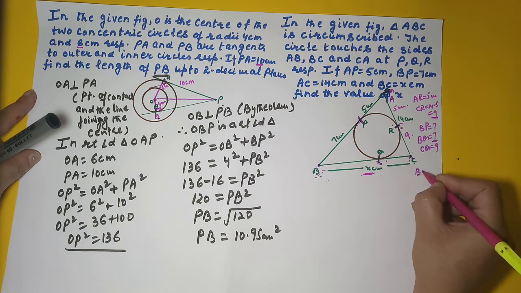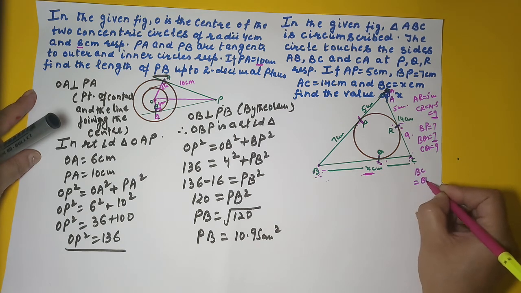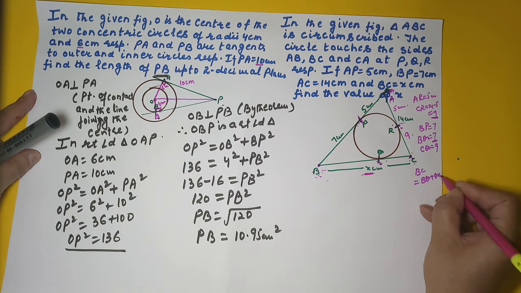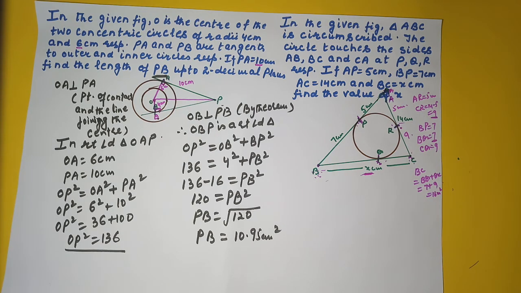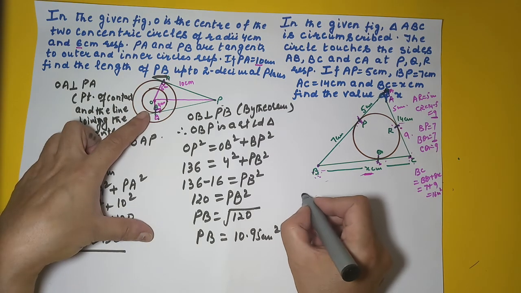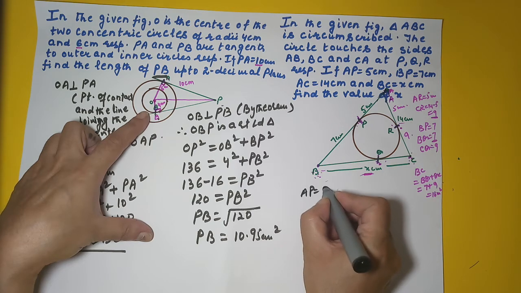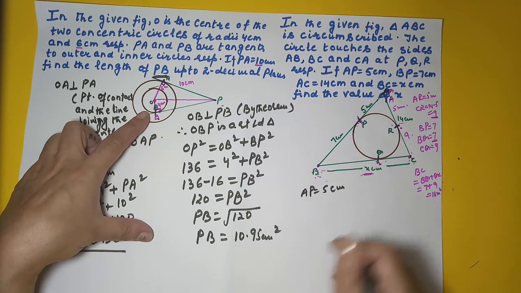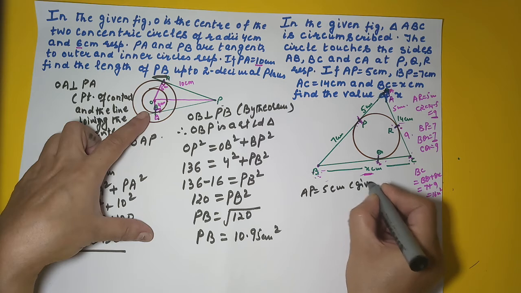So now we got CQ as 9, we got BQ as 7. So how much is my BC? Isn't it equal to BQ plus QC? Isn't it equal to 7 plus 9? Isn't it 16 centimeter? Right? So now let's write it properly. So you can write that AP is equal to 5 centimeters. That is given, right?